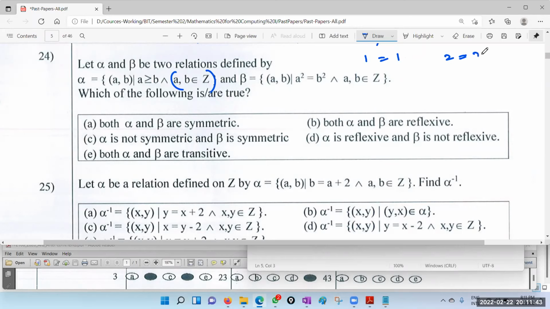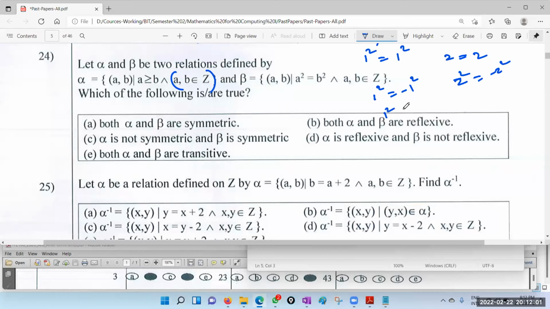But not only 1 and 1, you can take even 1 and minus 1, because 1 squared equals minus 1 squared. 2 squared equals minus 2 squared, because 2 squared is 4 and minus 2 squared is also 4.